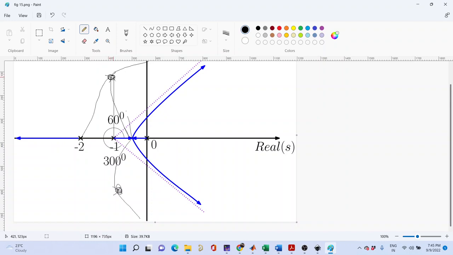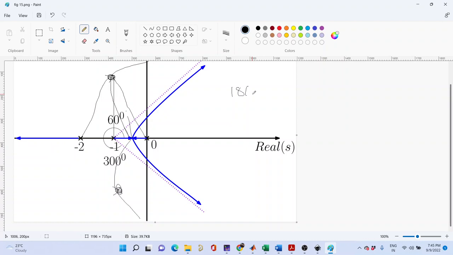If this was on the root locus, your total angle must be minus 180 degrees, or a multiple of 180 degrees. But as it is not on the root locus right now, it would be something other than 180 degrees.